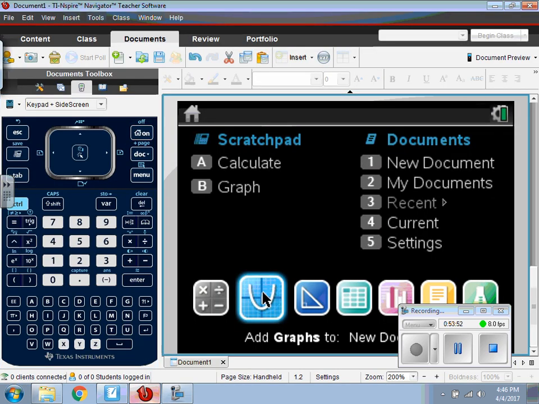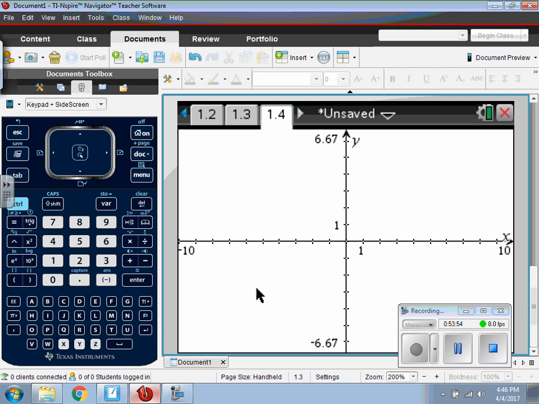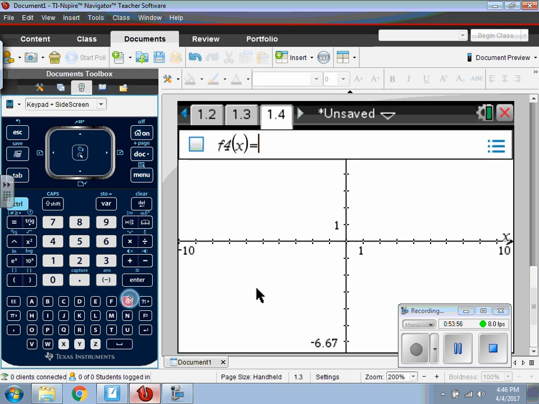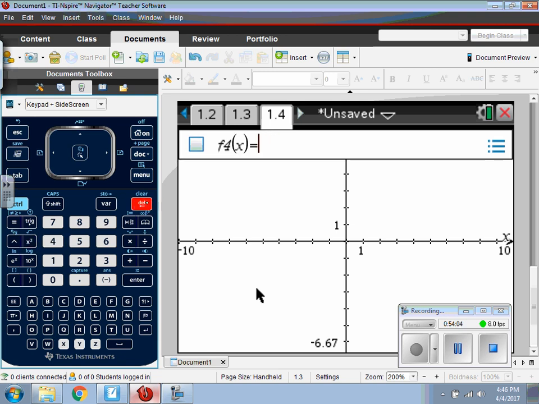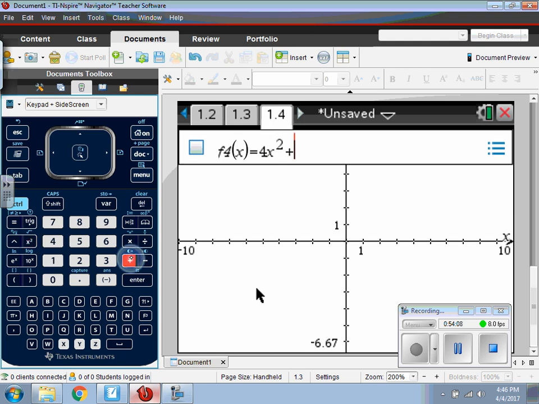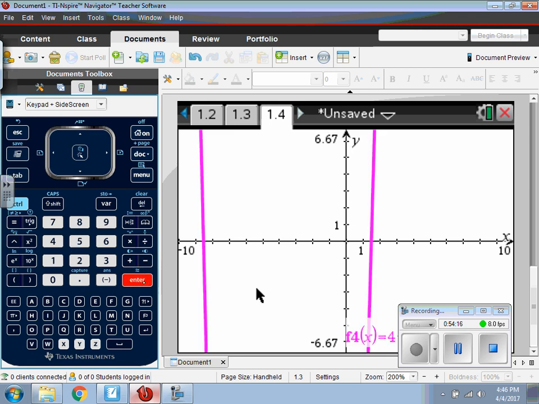So in a graph page, I'll type in my 4x squared. My 4 didn't go in. Plus 28x. And then my minus 52. I get this picture.